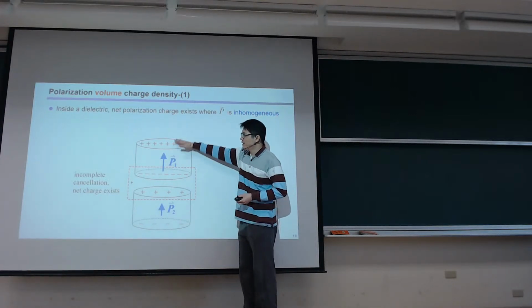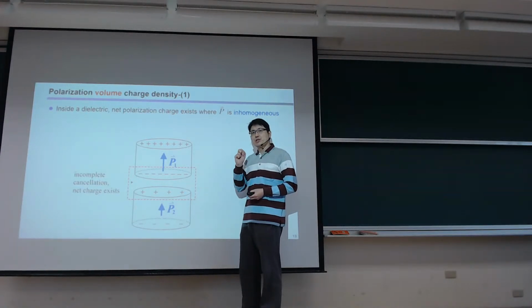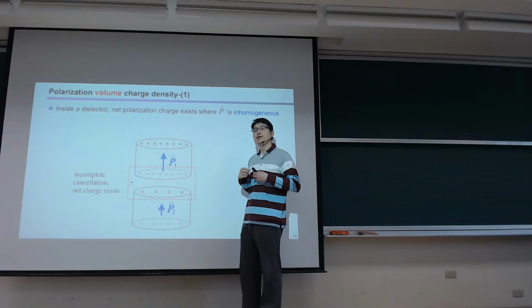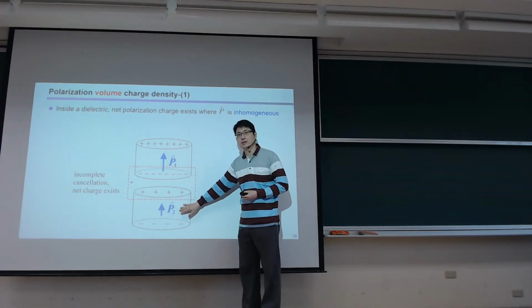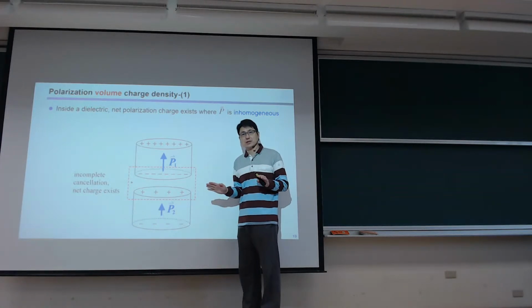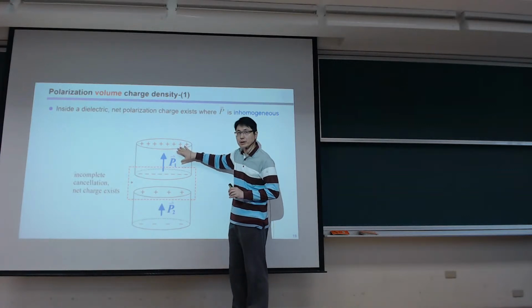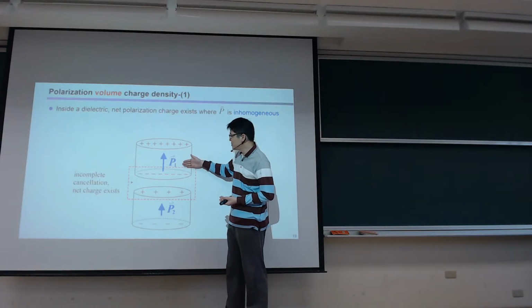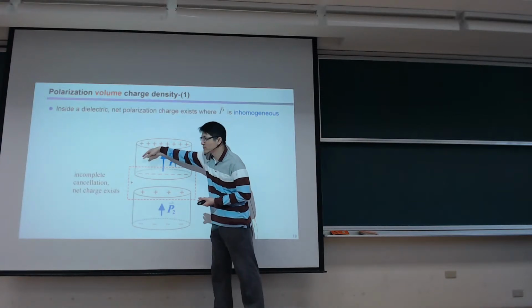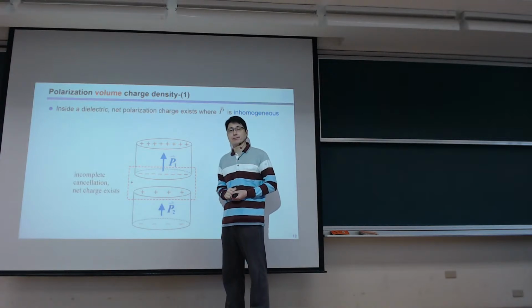When we apply an external field, the ability to generate induced electric dipoles for salt and sugar are different. So in this case, the top material is more sensitive. It can induce more electric dipoles as compared to the bottom material.